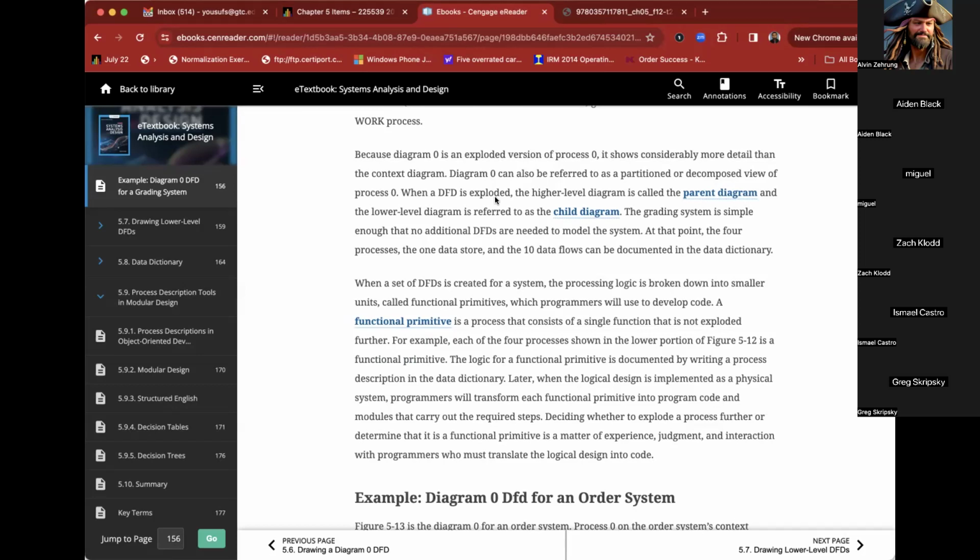And what would you call this that cannot further explode? Functional primitive. When a process reaches the state of a functional primitive, that means the process is now a single function and cannot be further subdivided. So it reaches an atomic state.